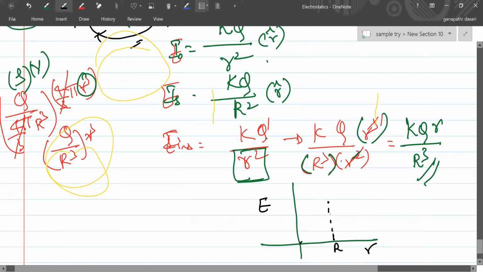The shell's entire radius is capital R. Outside, because it is inversely proportional to r square, this graph will be there, got it? And inside will be 0.